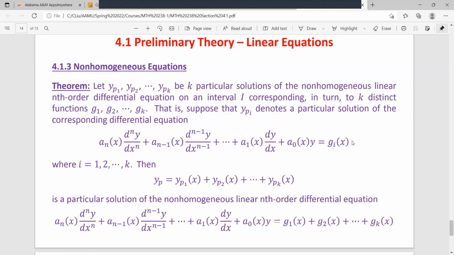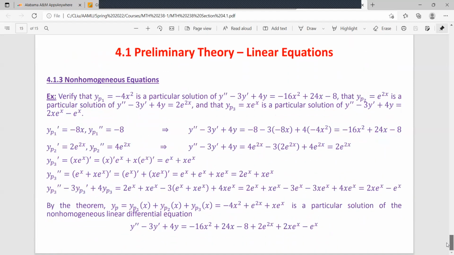And then you find one particular solution for each part of the right-hand side. And then just add those particular solutions together, then you find the particular solution to the original differential equation. So that's again a version of the superposition principle, right?